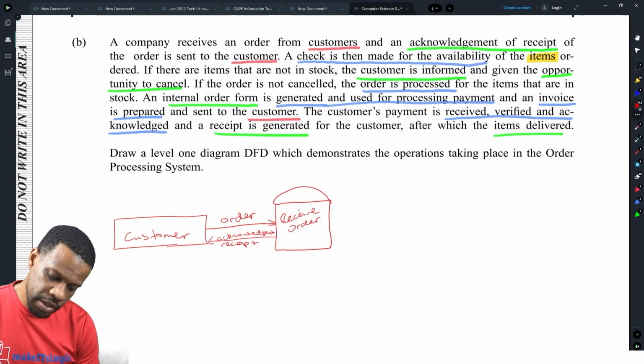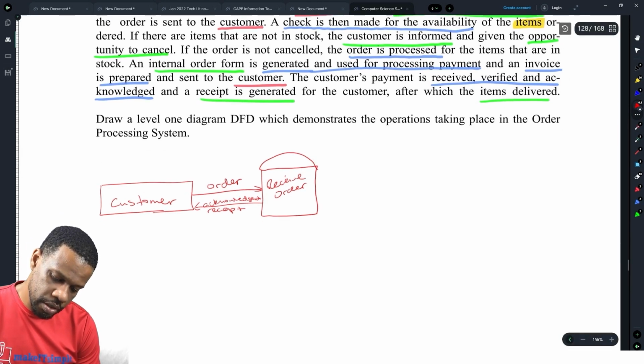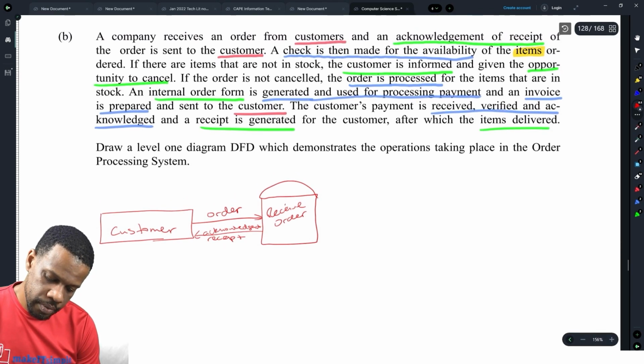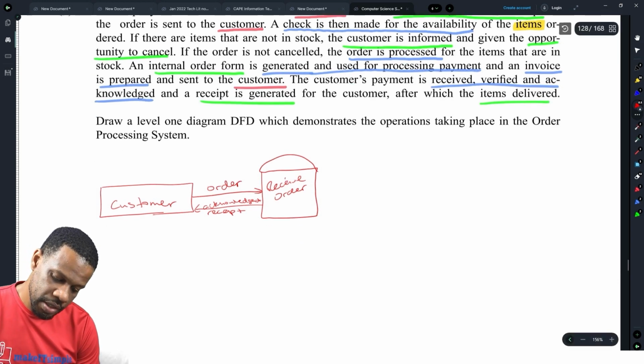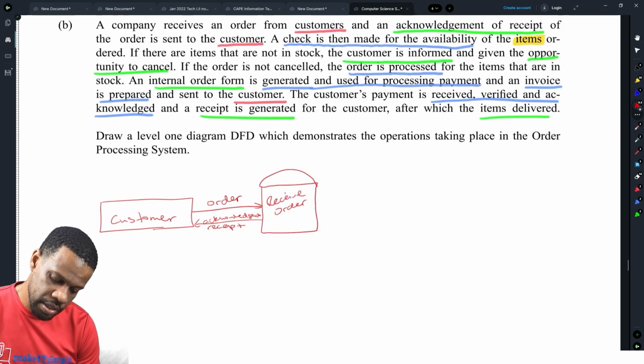Alright, a check is then made for the availability of the items ordered. Receiving the order, the check could be made right from the receive order process. That would make sense, because as soon as you receive the order, you'll check for it. We don't need to create a new process just to check for it. So I will just check for the order here.